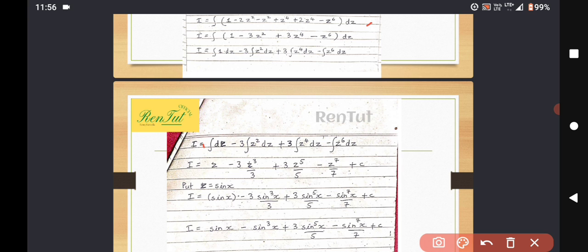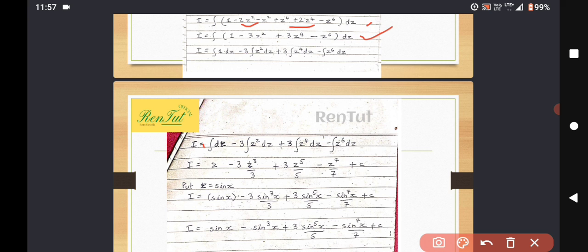Then we took these two terms similar and these two terms similar. If you take these two terms, you will get the simplified equation: minus 3z square and plus 3z raised to 4, and the rest of the equation from the top you need to copy. So we completed this step.